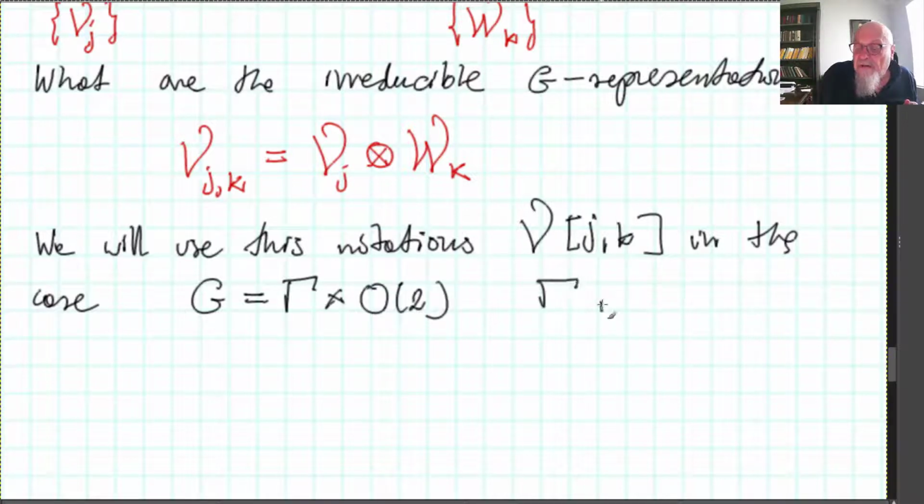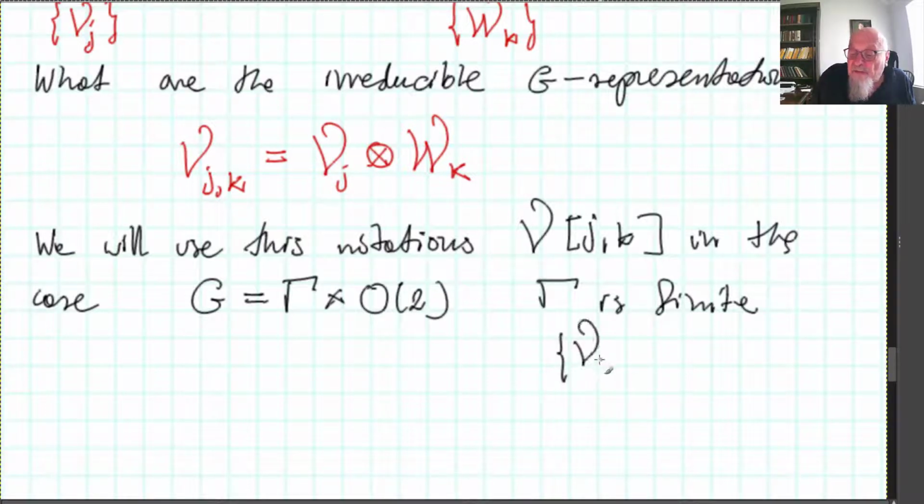First of all, here gamma is finite. And in this case, since gamma is finite, we can use GAP to obtain the full, complete list of the irreducible representations, Vj.